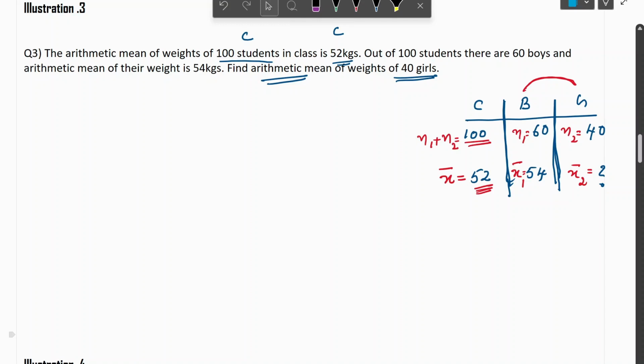Therefore, students, for the examination, as a rough work, you make this kind of table. It is going to be more clear for you what is given in the question and what you need to find out.